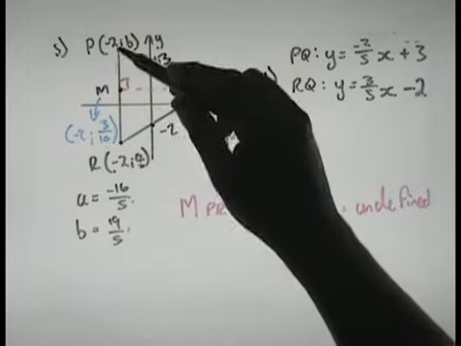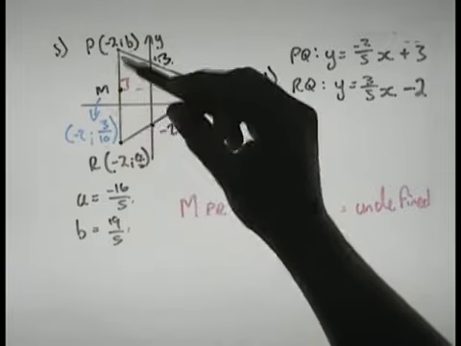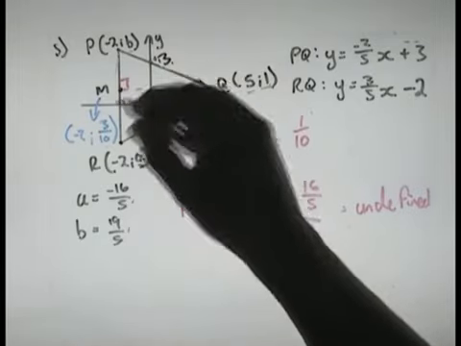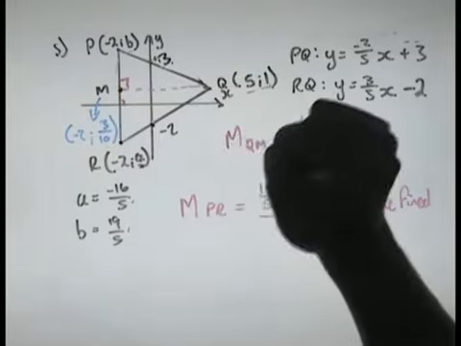Our gradient of RP, or our gradient of PR, is undefined because that line is perpendicular to the x-axis.